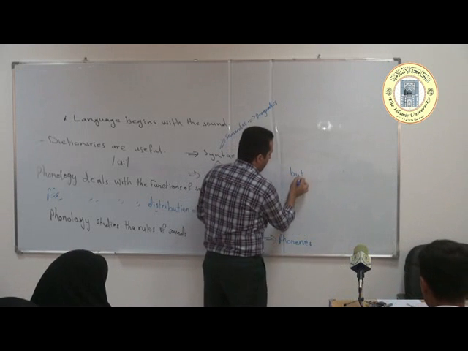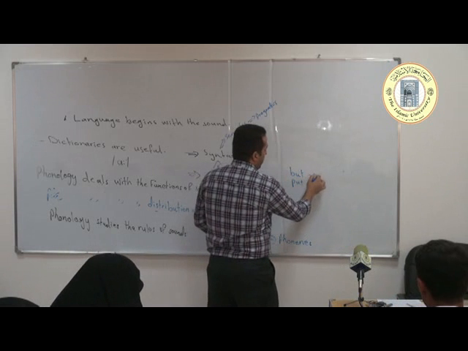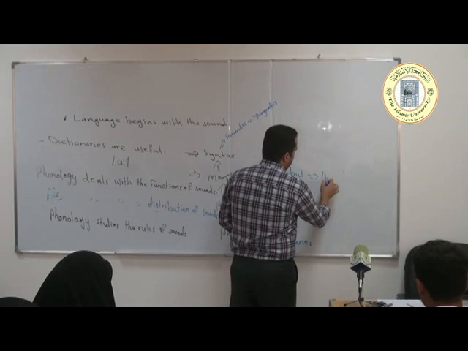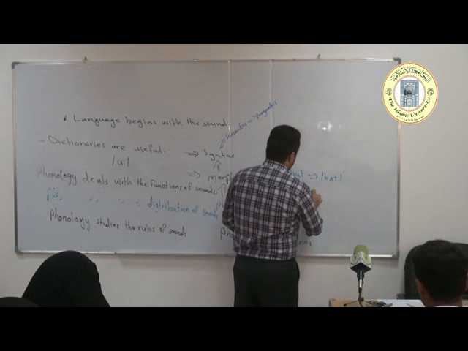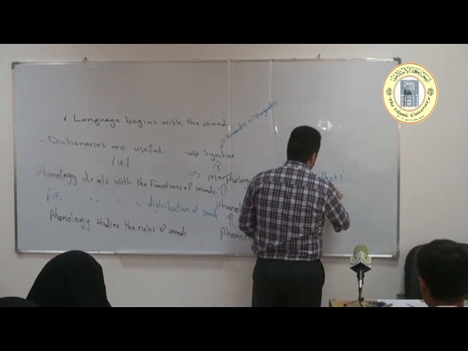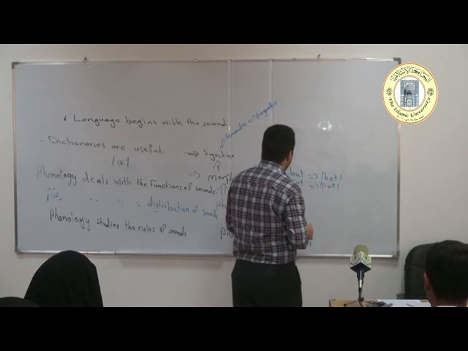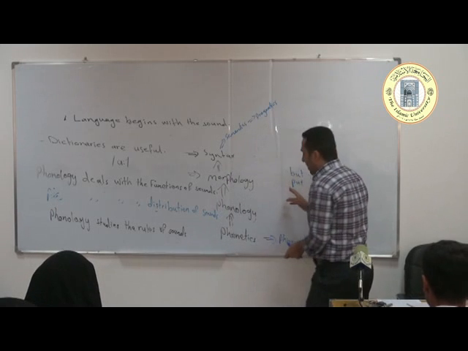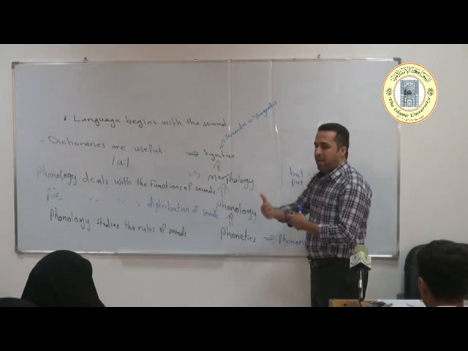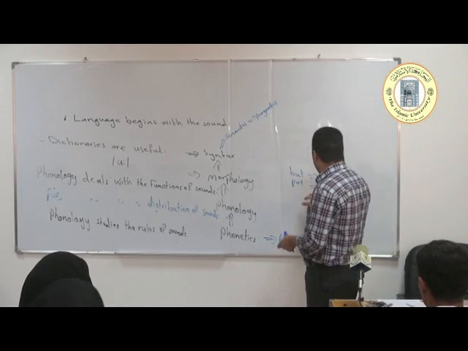But and put. Okay? If you want to transcribe them, this is but and this is put. Right? Okay? If you notice, they are pronounced the same way. يعني put but, put but. Okay?